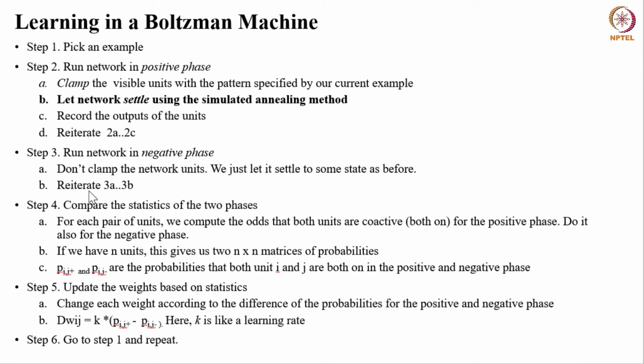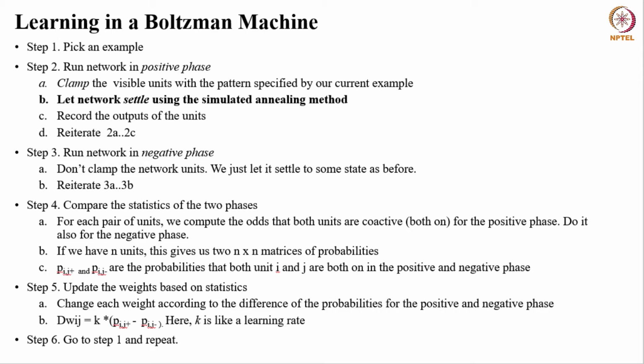So this gives us a set of probabilities, and actually then what we do when we update the weights, we base it on some statistics. So we update them with respect to the differences between the probabilities calculated from the two phases. K is just a learning rate. You have seen it many times now. It's just a damping factor. So this is the procedure.